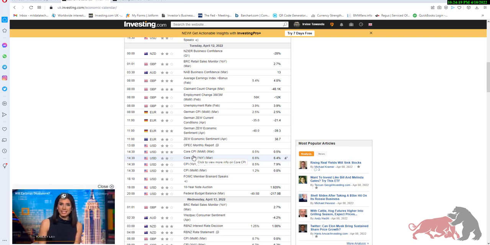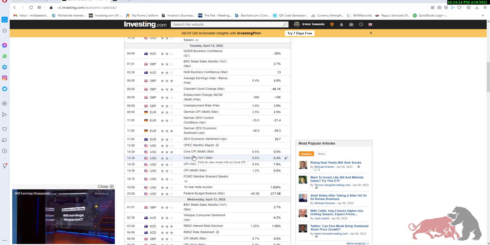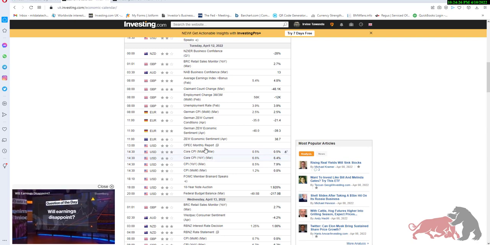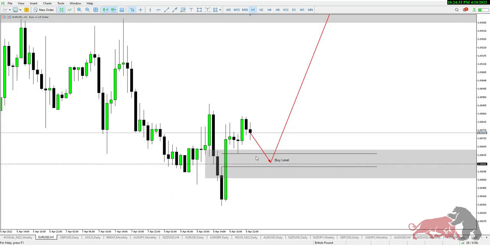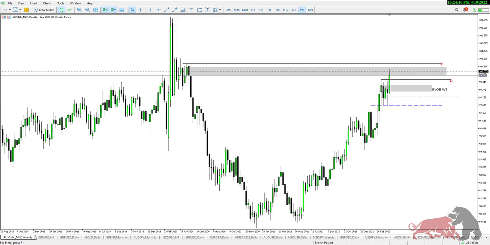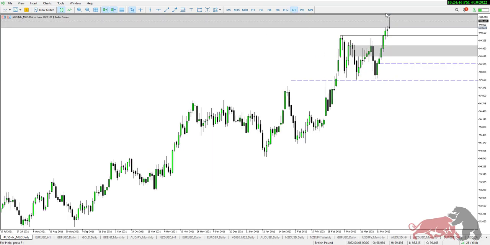I don't think we're going to get good numbers on the CPI because that's inflation news. And any negative number coming out here, then this level is likely to be your optimum level for long entries. And if the CPI comes out negative, then expect the dollar to take a bit of a dive to the downside, thereby confirming the SMT bearish divergence we are talking about.